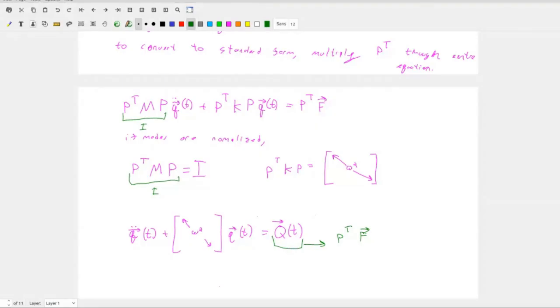It's our force in our modal space. And now we are in a modal space, right? So we have made it on our magical donkey to the modal space.